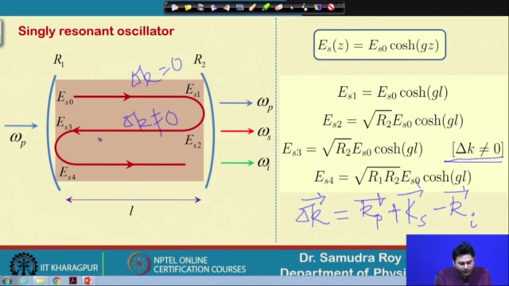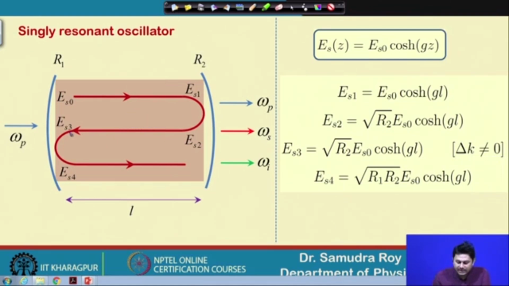Since there is no phase match in this case, there will be no amplification, and if I consider there is no loss in the system, what we eventually find in ES is the same value that we have here. So, ES3 is eventually the same as ES2, because there is no phase matching.